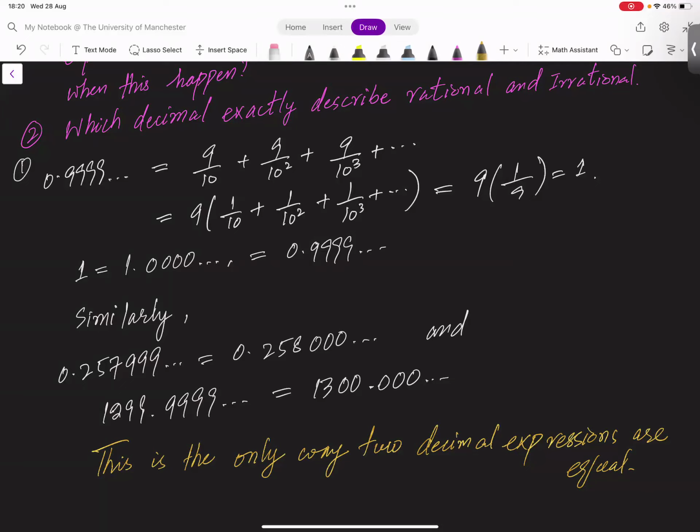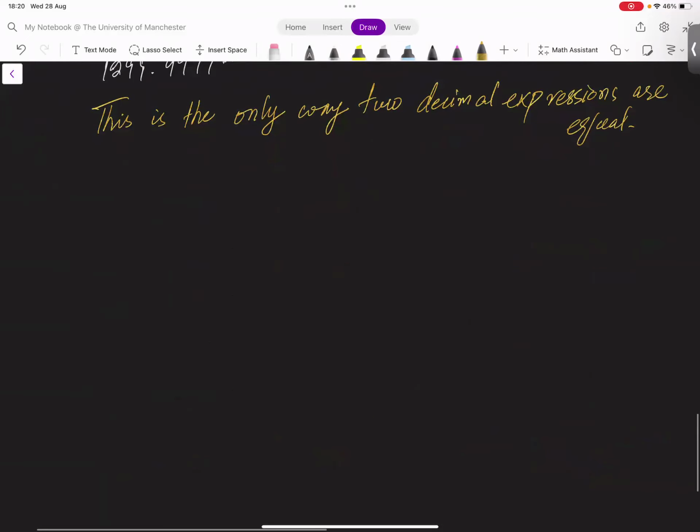Perfect. And we can give the proposition for this, 3.3.